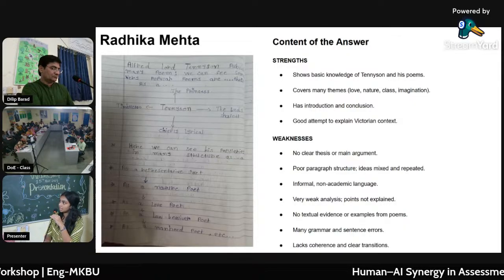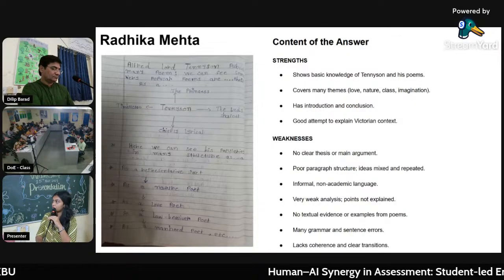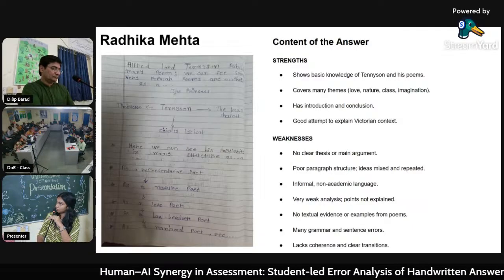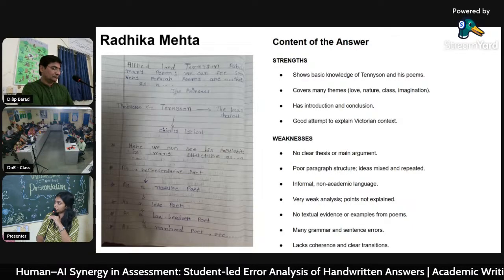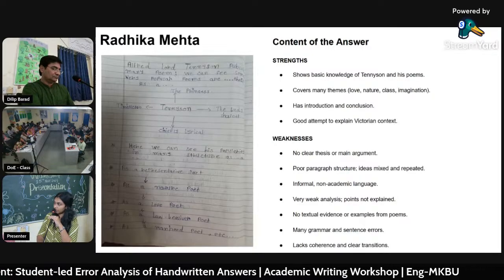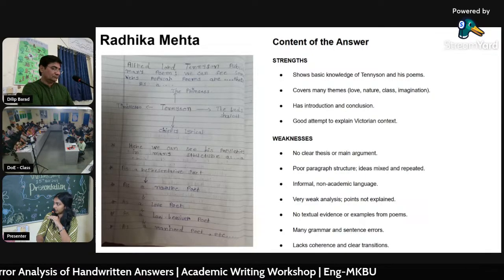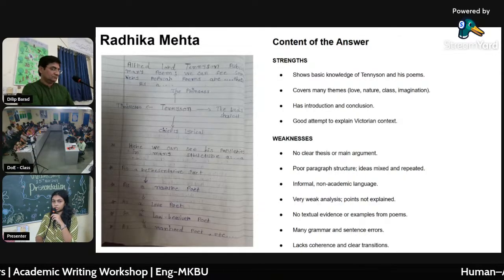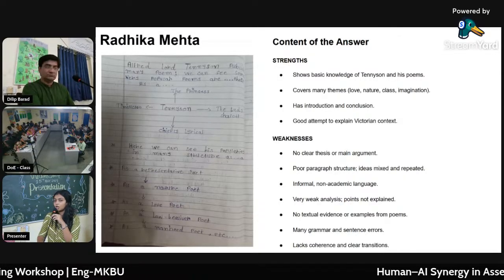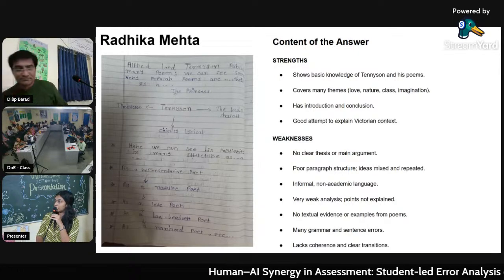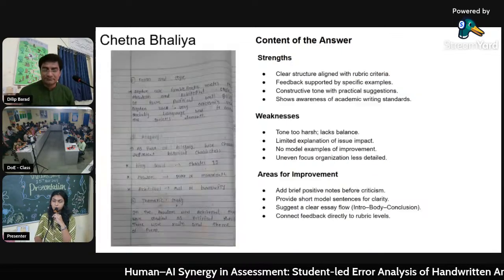The weaknesses are that she has no clear thesis or arguments, poor paragraph structure, and ideas are mixed and repeated. Informal, non-academic language is used, analysis is very weak, no points are explained, and no textual evidence is seen. There are many grammatical and sentence errors, and coherence and clear transitions are lacking. Next slide.